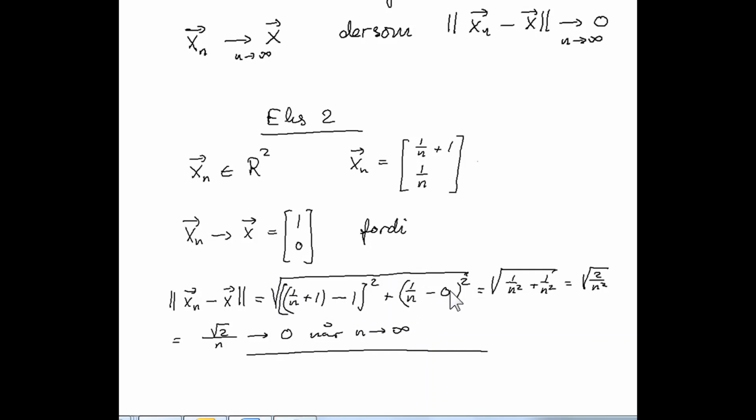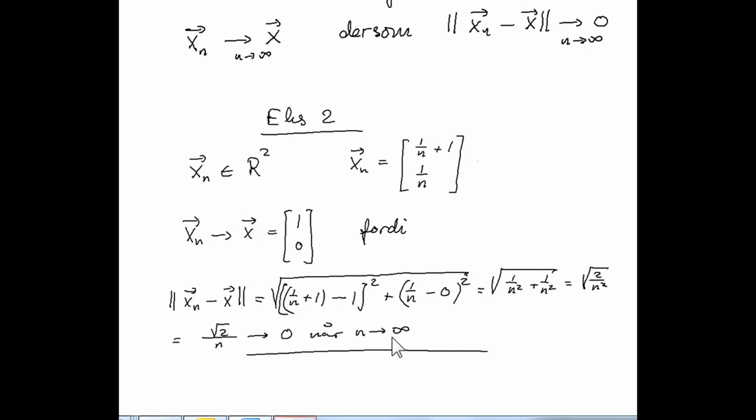So it's easy for us to see that this will be the square root of 2 over n squared, and the root of n squared is of course n, so this will be the root of 2 over n, and of course this turns to 0 when n goes to infinity.